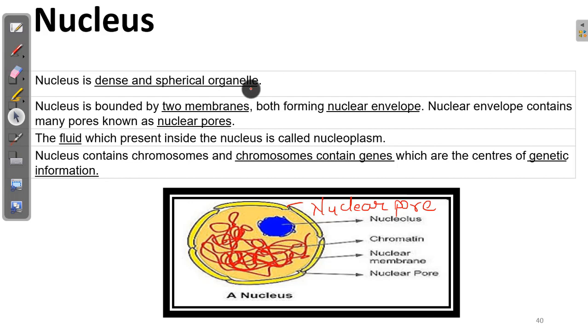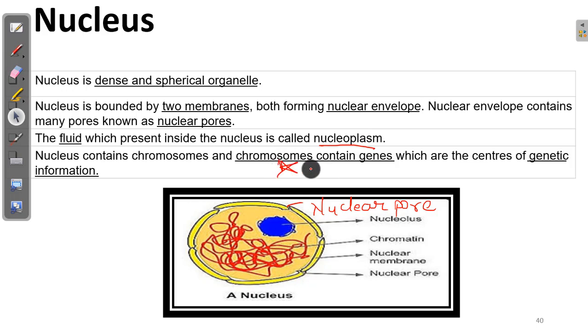It is a spherical structure consisting of two membranes. The membranes have pores in between. Then, just as there is cytoplasm inside the cell, there is also a fluid present inside the nucleus, which is said to be nucleoplasm. And you see a thread-like structure, that is the chromosome. Very important point: chromosomes consist of genes.